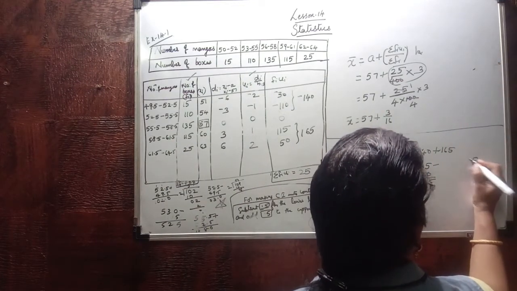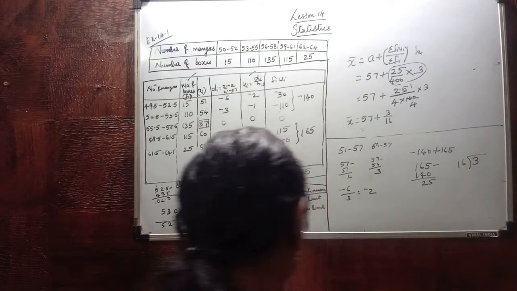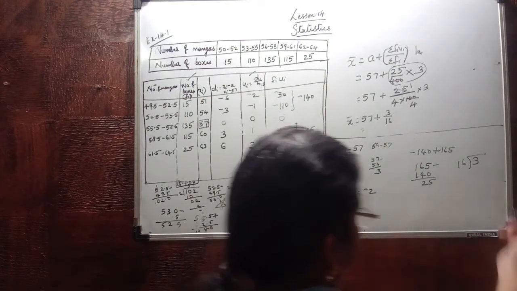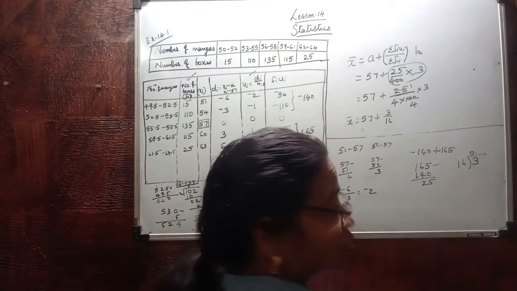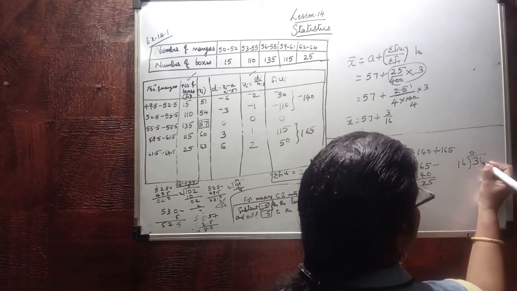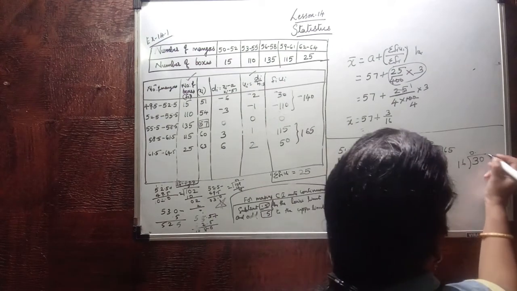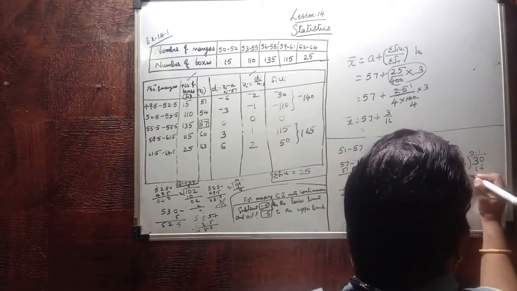Here is the working. 3 divided by 16. So 3 is also 3.0, so here it is 30. 16 into 2 is 32. So 1 is there. So it is 16.